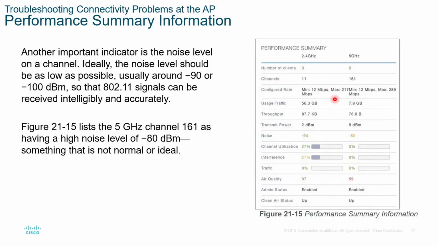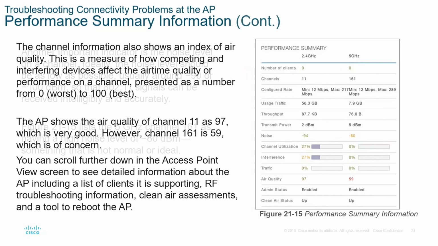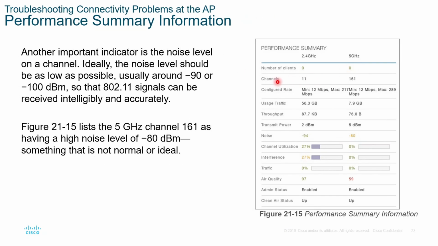Then we have the performance summary. In the performance summary, we notice the range they are telling us, and it's marked as low in the 5 gigahertz channel. These are the channels they are on, the 2.4 and 5.